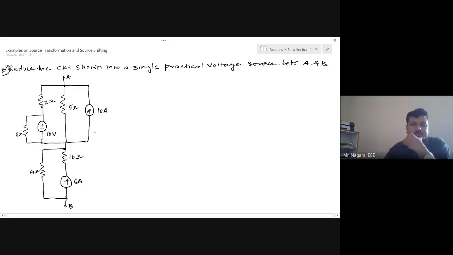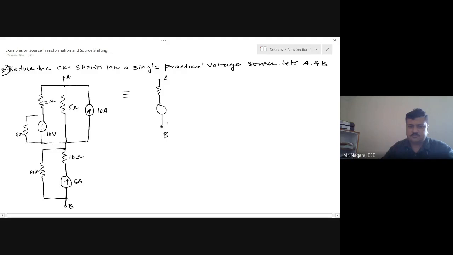I have to reduce this entire circuit connection into a single equivalent practical voltage source like this. The practical voltage source will be between A and B, with this resistance and this voltage.